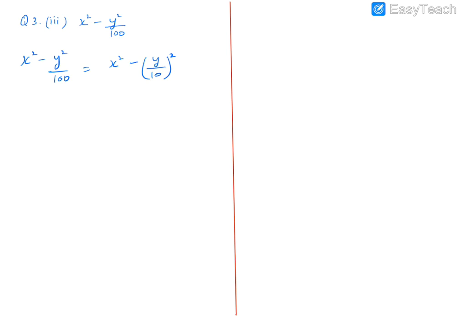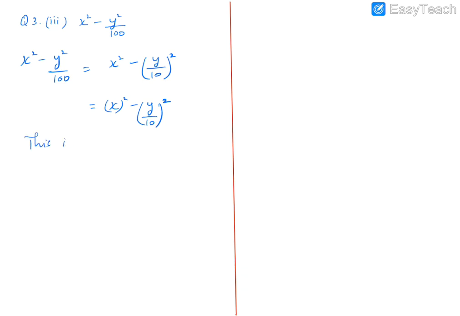So this will still be the same as the left hand side. Now let me rewrite that as x square minus y over 10 the whole square. Okay, so now we have this in the form x square minus y square.